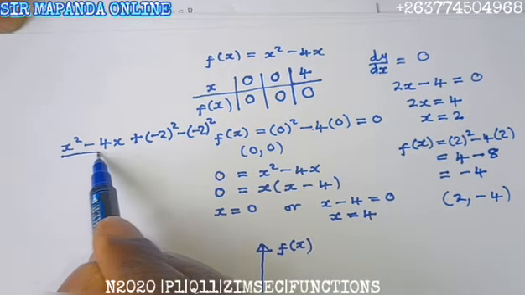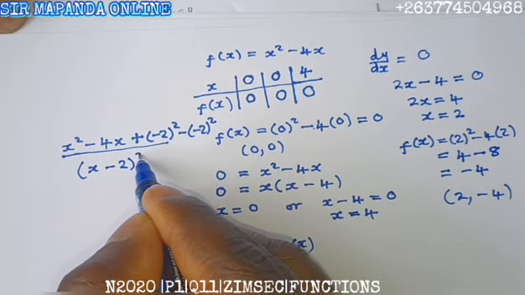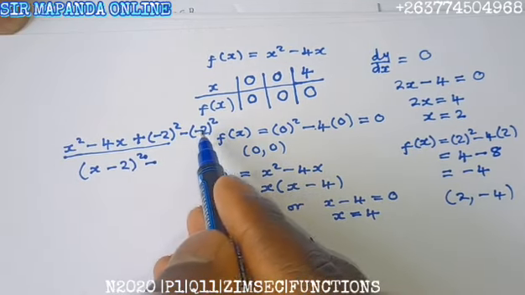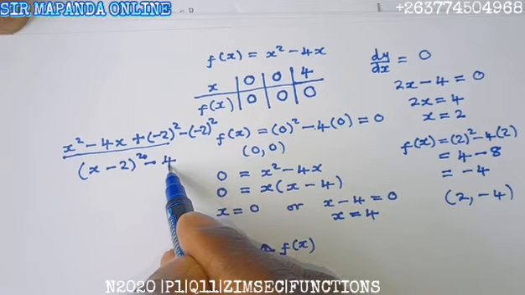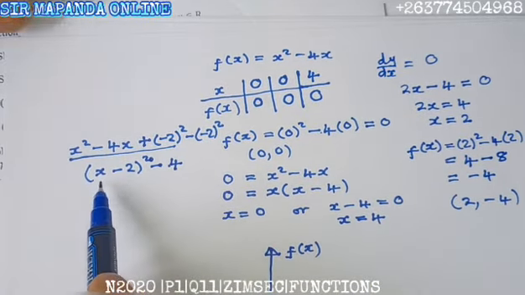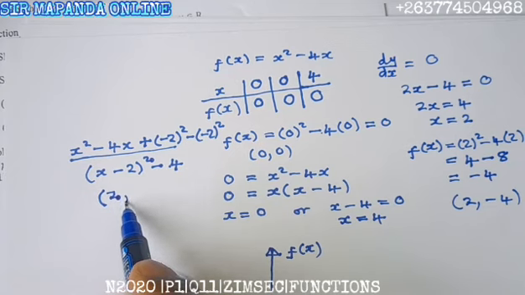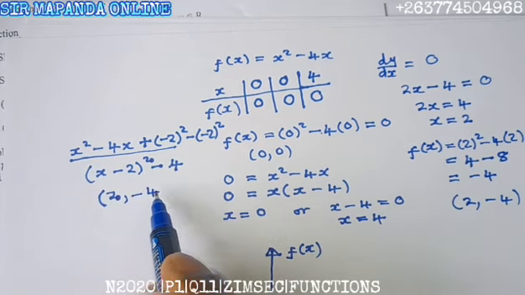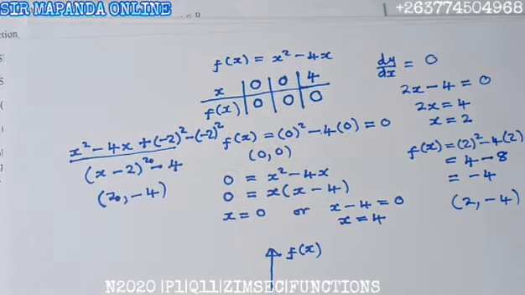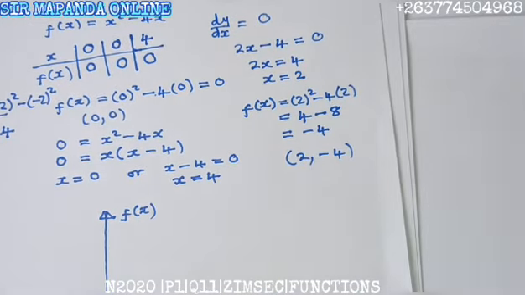So from x squared up to minus 2, you get the bracket x minus 2 squared. Then minus 2 squared is 4. I hope you are following. So the value of x which makes x minus 2 squared become 0 is 2, which is the x coordinate of the turning point. Then this minus 4 becomes the y coordinate of the turning point. So you still get the same answer as with differentiation. I hope you are following.